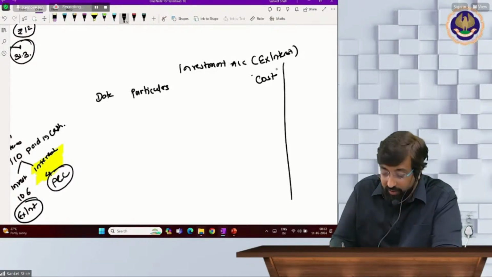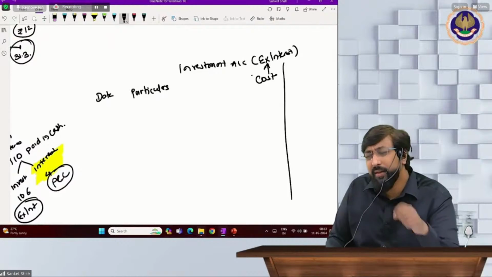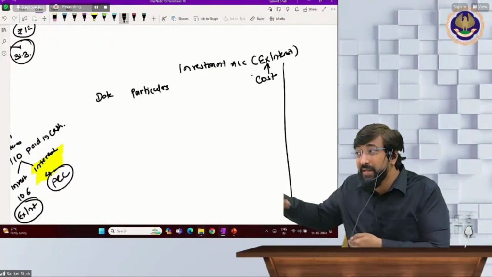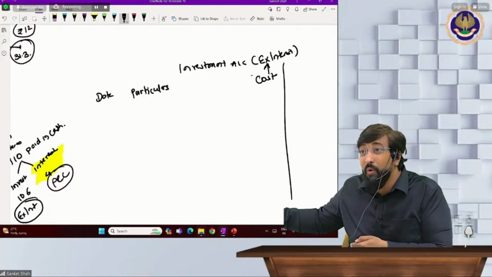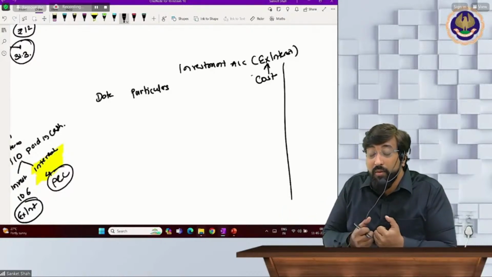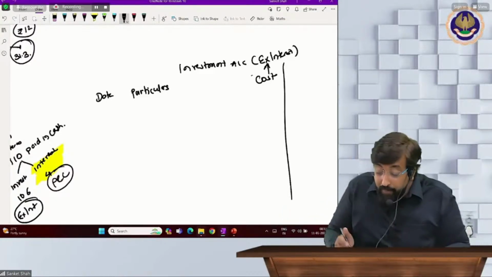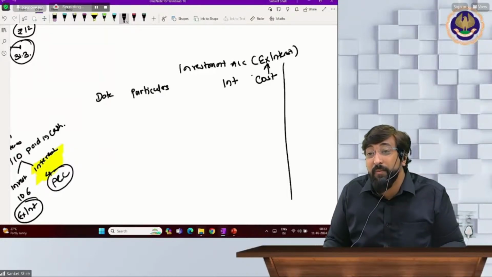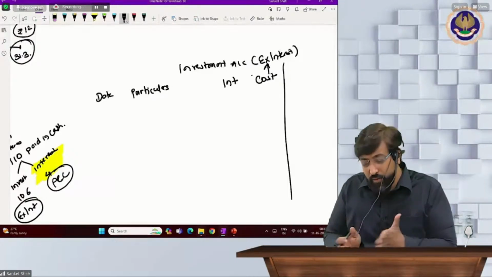Cost means ex interest. To show interest separately, I could prepare a separate account, but it is easier if I prepare an interest column next to the cost column, for calculation.